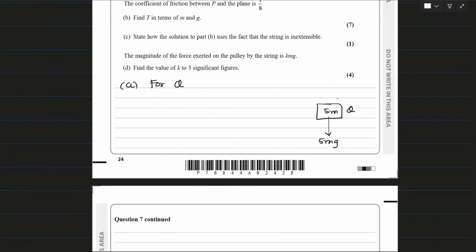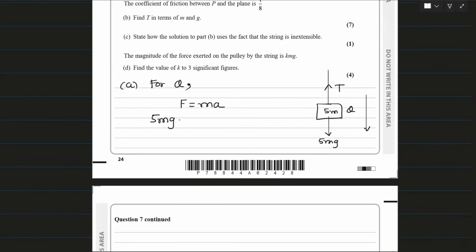There is another force acting on block Q. There is a string attached to block Q, and there is a tension in the string, which is given by T. This tension is the upward force acting on our block. So these are the two forces acting on block Q. We know that the resultant force is equal to mass times acceleration. In our case, block Q is going downwards.